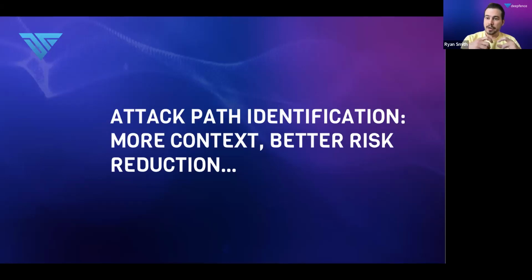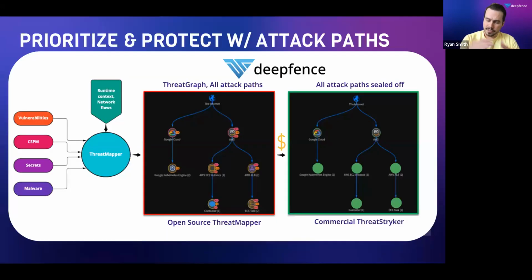So you can better situate how your controls are performing and where they're needed within the environment. So you're effectively spending your security resources, whether those be technology resources or people resources.